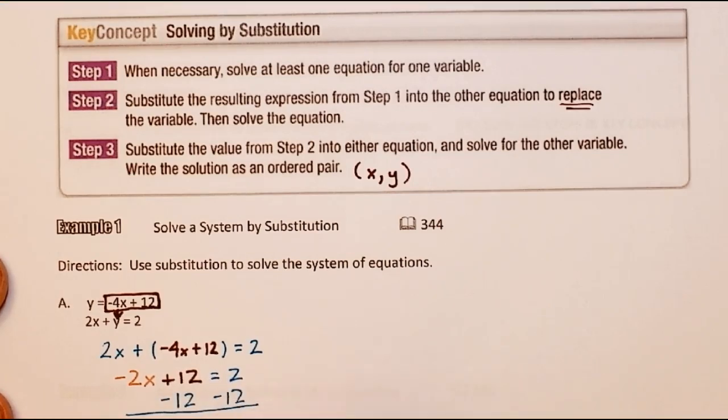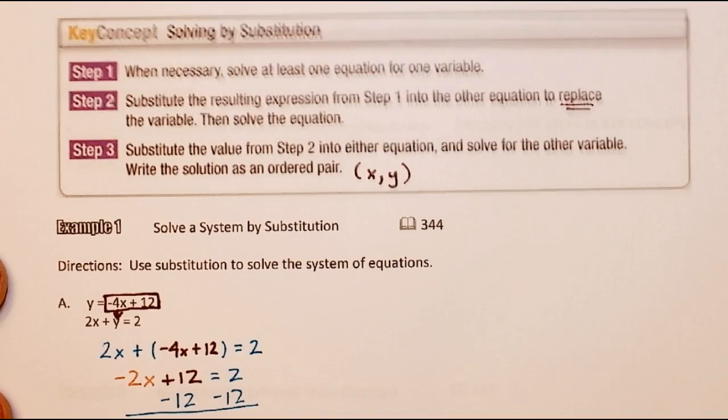When I do that, I am left with negative 2x is equal to negative 2 minus 12, which is negative 10. And now I want to divide both sides by the coefficient in front of x. So if I divide by negative 2, divide by negative 2, a negative divided by a negative is a positive. 2 goes into 10 a total of 5 times.